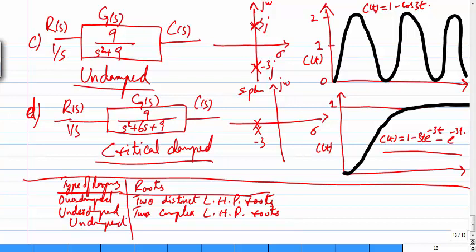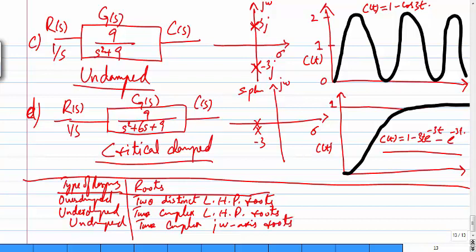For undamped we have, not j omega, say complex, on the j omega axis roots.